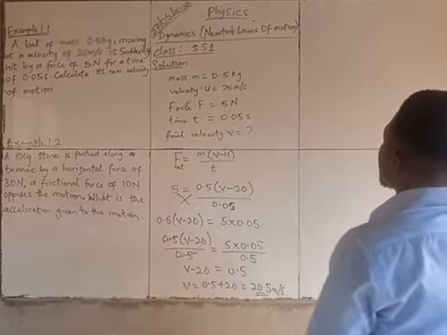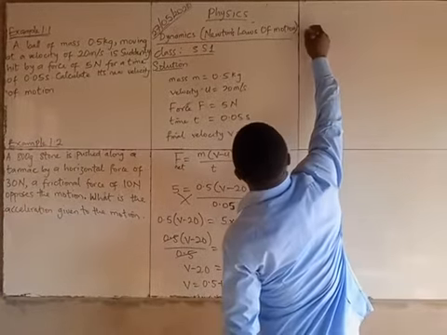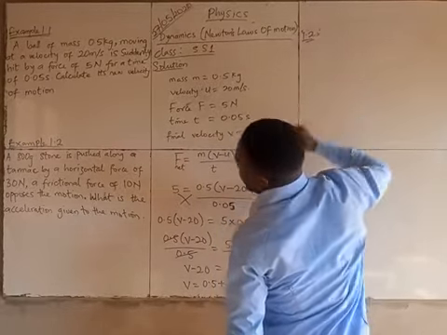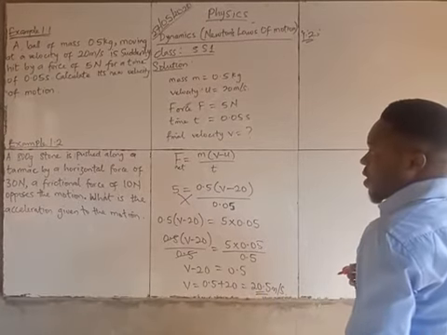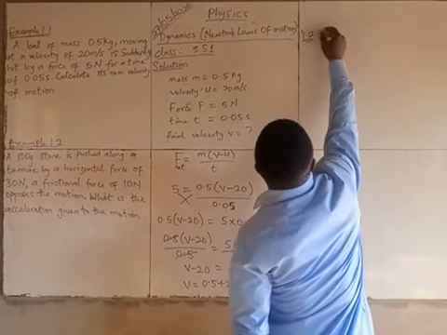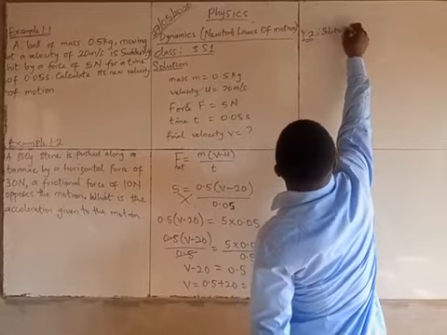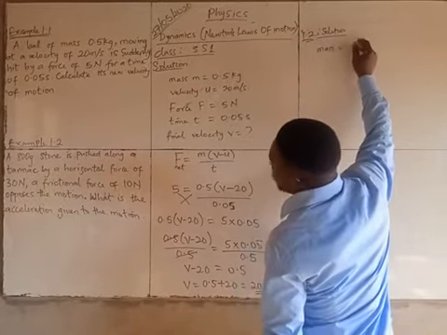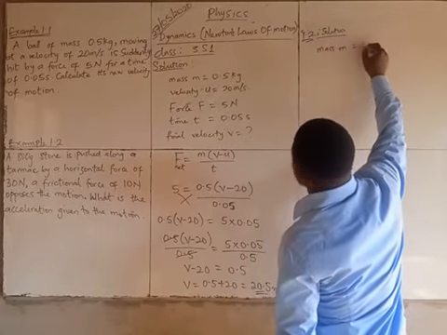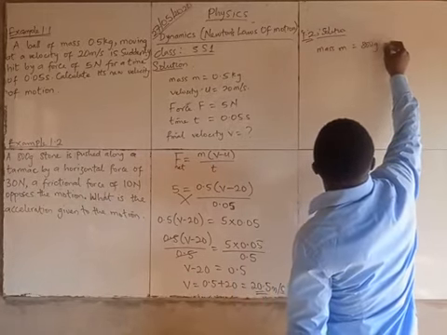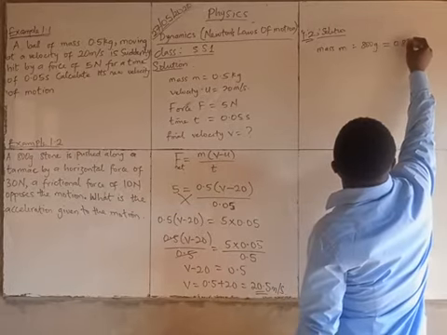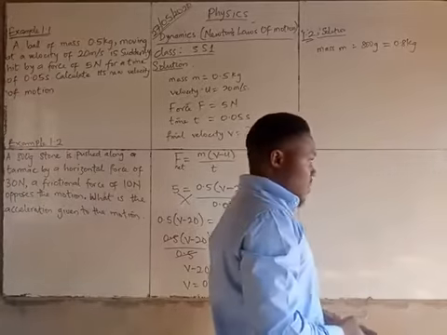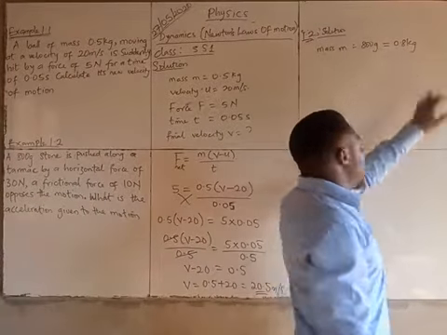That is example 1.2, the solution now. We are given the mass m of the body to be 800 gram or 0.8 kilogram. That is, you divide by 1000 to give you the mass in kg.